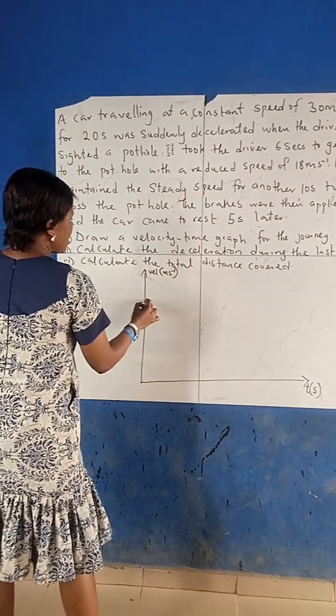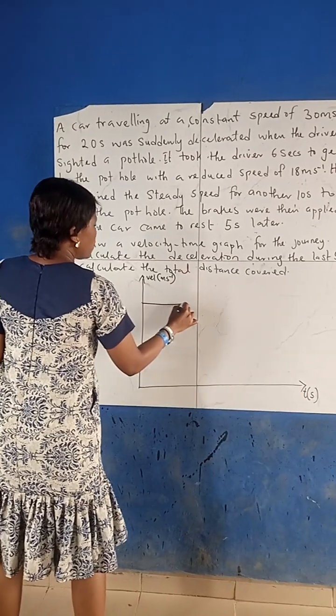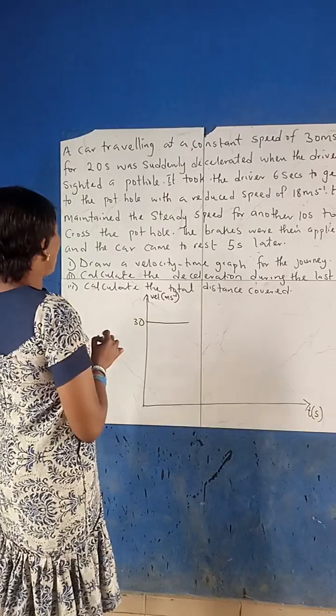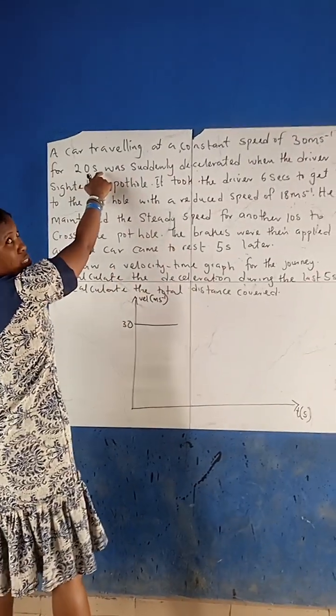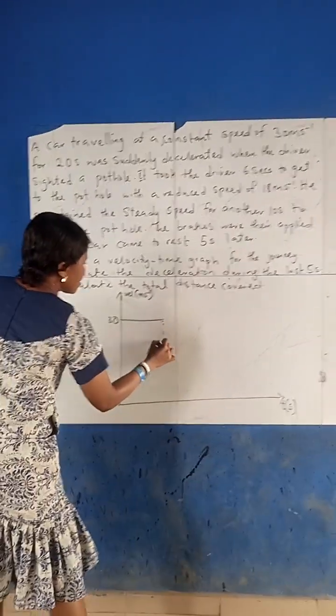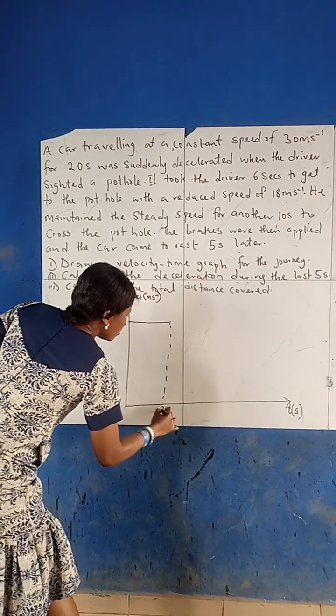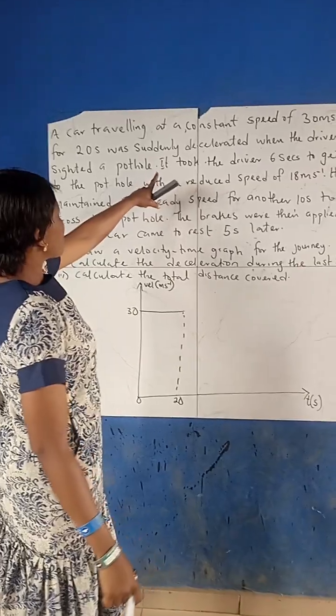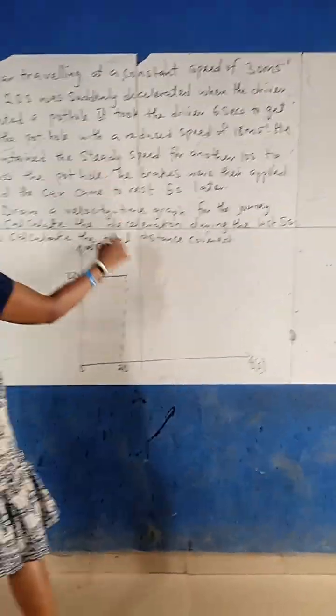So this is the constant speed of 30 meters per second, for 20 seconds. This is 0, and this is 20. It was suddenly decelerated when the driver sighted the pothole.